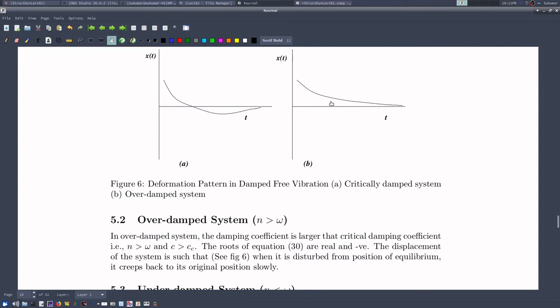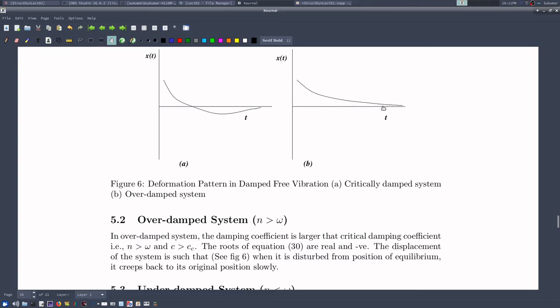It will never cross the mean position of rest. It will be an exponentially decaying function, and it will never cross the mean position of rest. Okay, and that's how an overdamped system will vibrate. Again, it is not really a vibration.